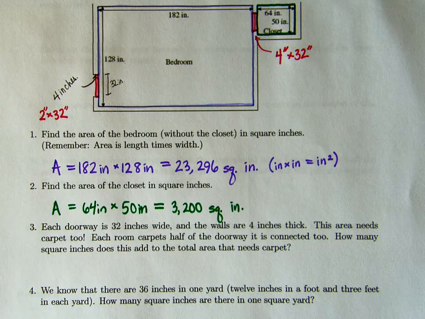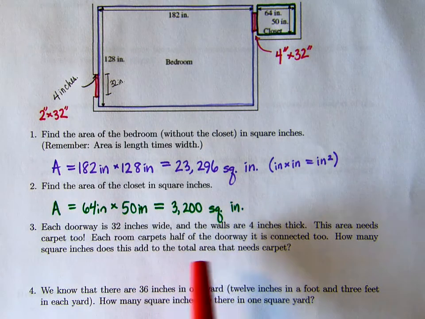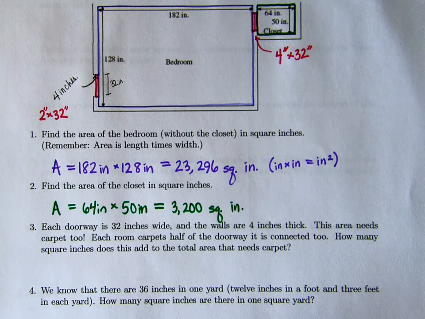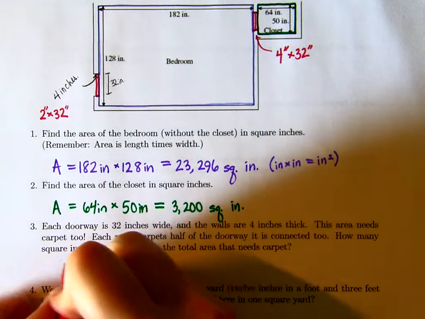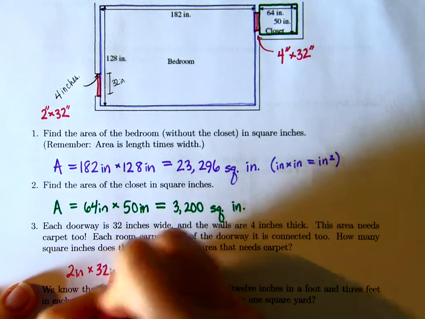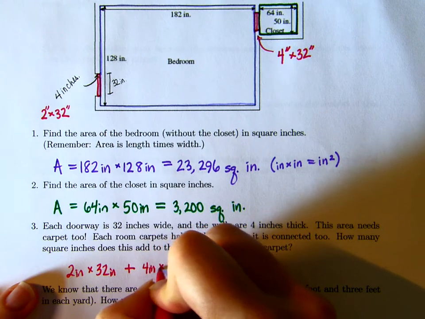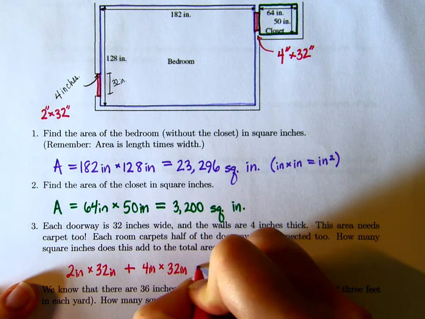How many square inches does this add to the total area that needs to be carpeted? Well, 2 inches by 32 inches plus 4 inches by 32 inches.